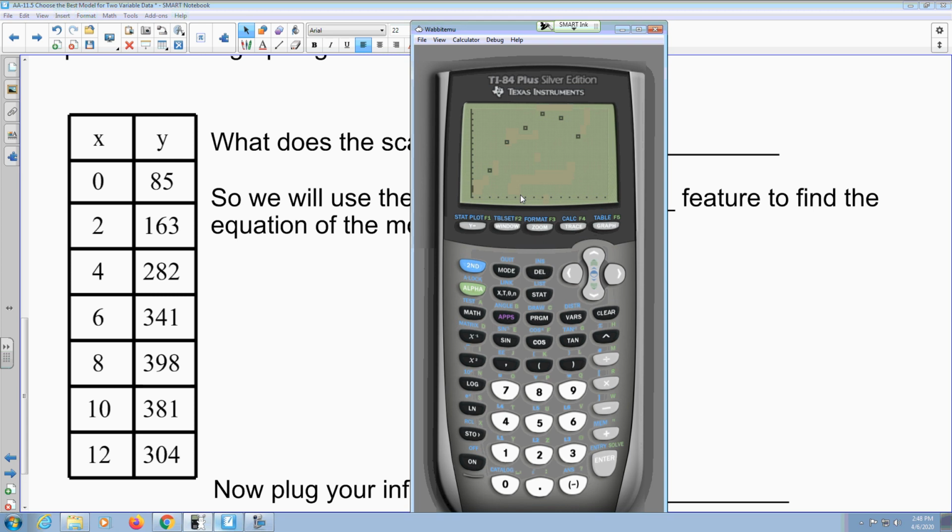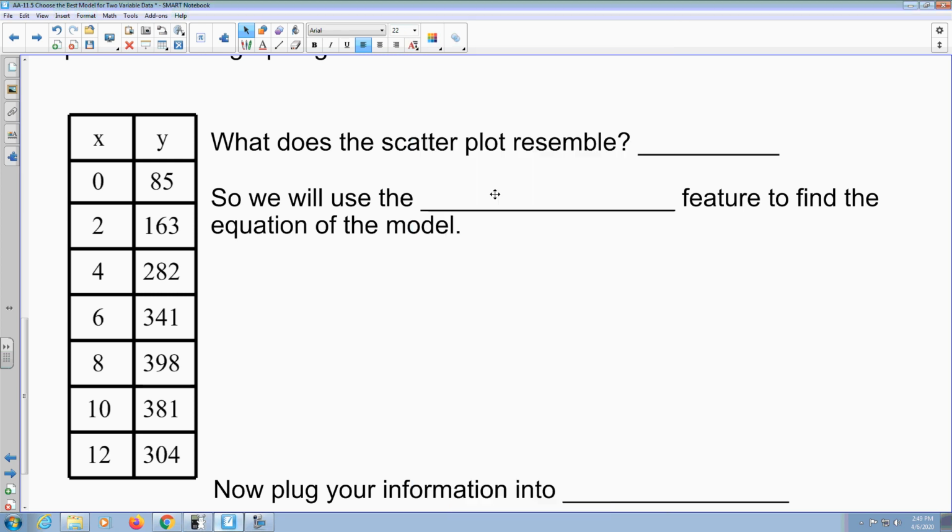So it looks like it kind of goes up and then it goes down. So it kind of resembles a parabola where the value of a is negative. So if you recall from anything we dealt with parabolas, with the upside down U shape that look like this, a was going to be a negative value.